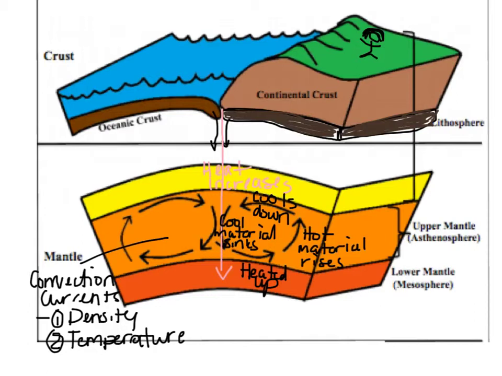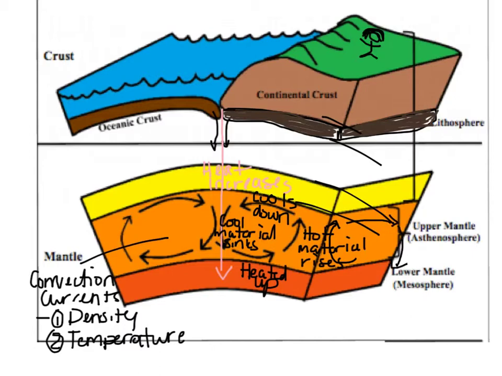So for one second, let's add in another convection current because there are thousands of these around the entire sphere of the earth. So on this side, if we were to continue our arch over, and continue drawing our circle cutting the earth in half, on this side, we have that hot material rising, cooling down.